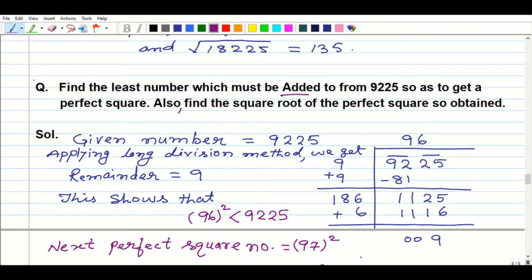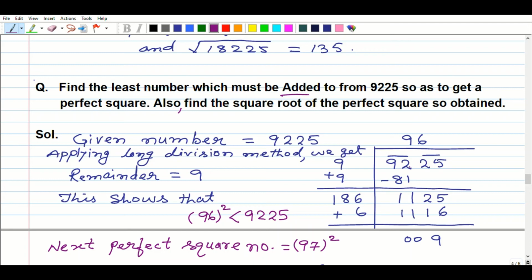Okay, you see here it is not that type of situation, right? So the first pair from the left-hand side we will take is 92. The greatest number whose square is less than or equal to 92 is 9. When we do 9 square, it becomes 81.